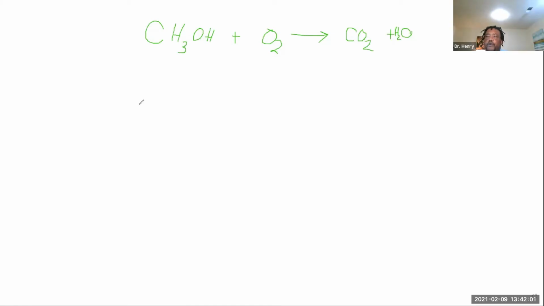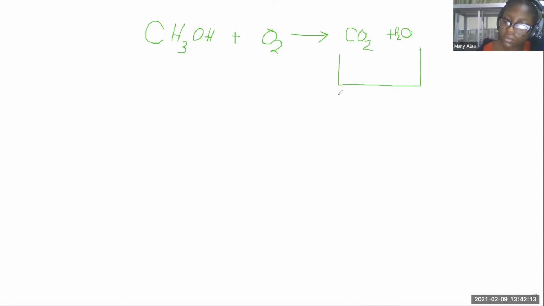So let's say we have this chemical reaction. Which side is the products? Right side. Which side are the reactants? Left.